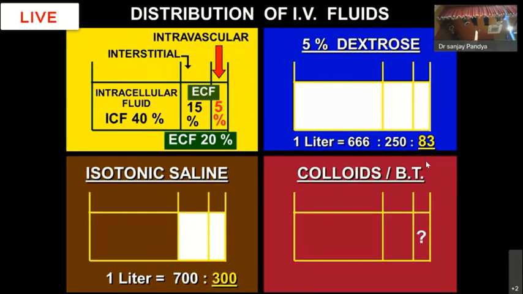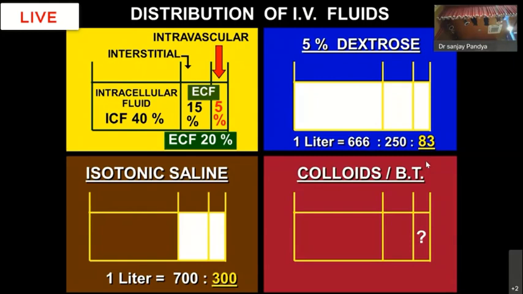Sodium is distributed only in ECF, and therefore sodium-containing fluid will be distributed only in the ECF compartment. Therefore 1 liter of fluid will expand the ECF by 1000 ml, and expansion of the intravascular compartment will be as high as 300 ml. And because of this, crystalloid is fairly effective.